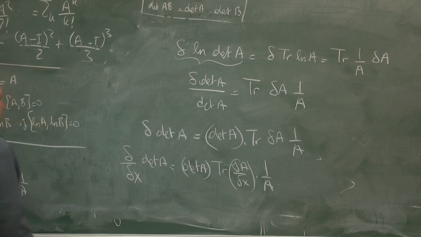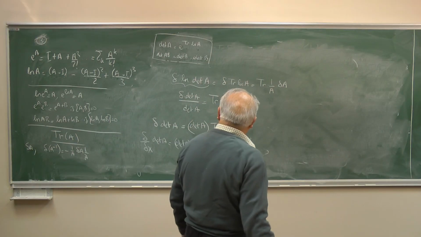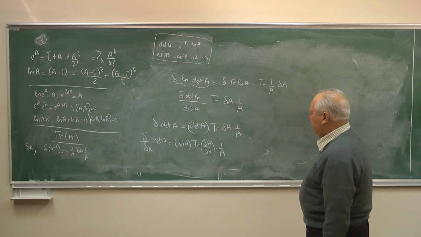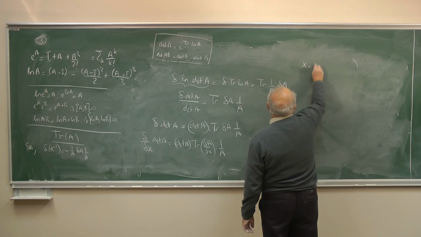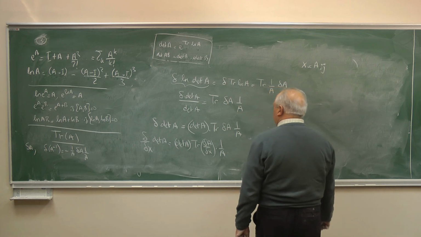Let's take a particular x, because it's interesting. Let's take the derivative of determinant with respect to an element of the matrix. So let's take x equals aij, one particular element.